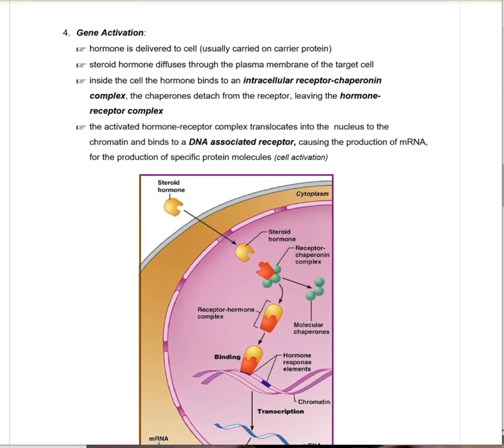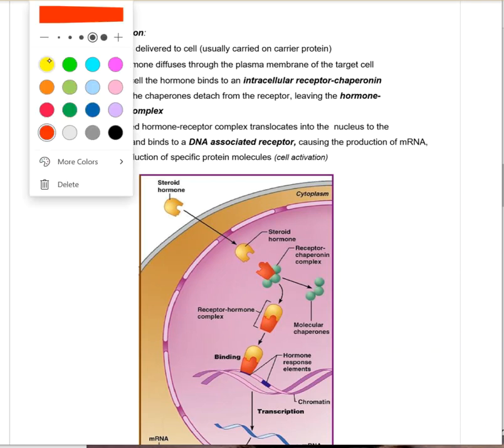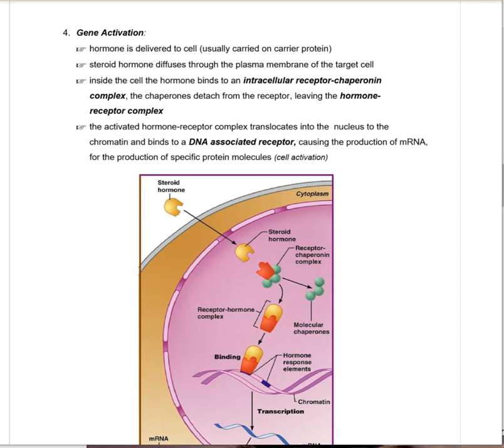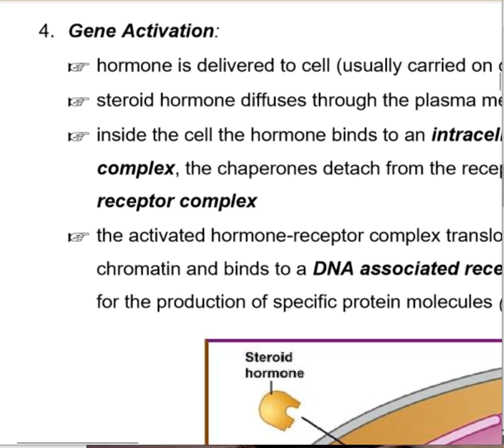Now, I think direct gene activation is a little bit easier to understand, but we'll see what you think. There's less steps for one thing. I'm going to actually draw again on the thing here, and I'm going to put some numbers in, and then we can come back and talk about them.